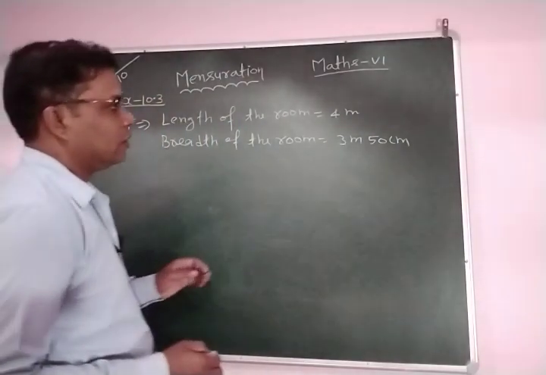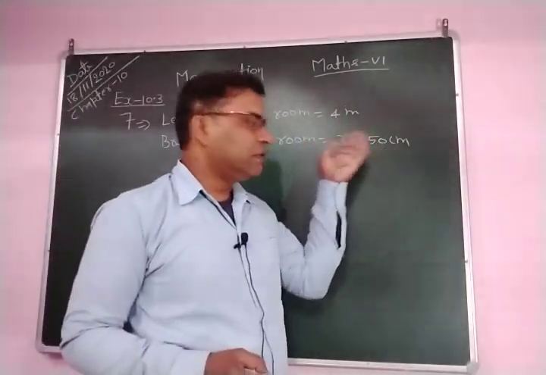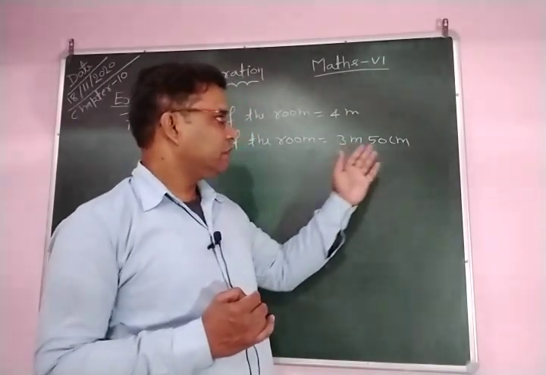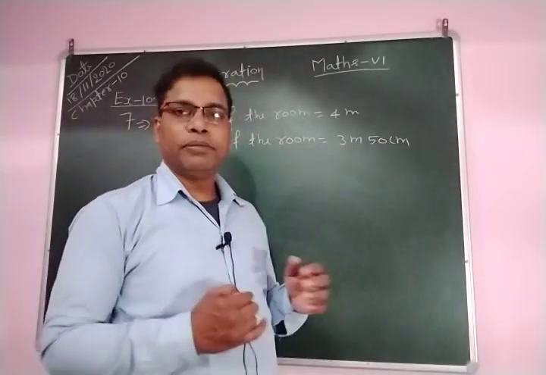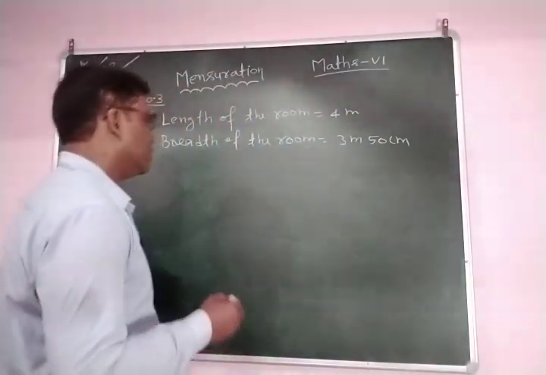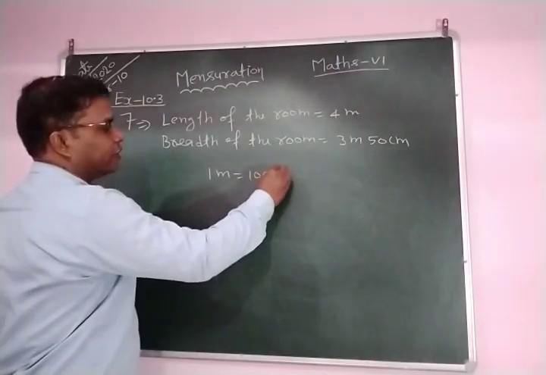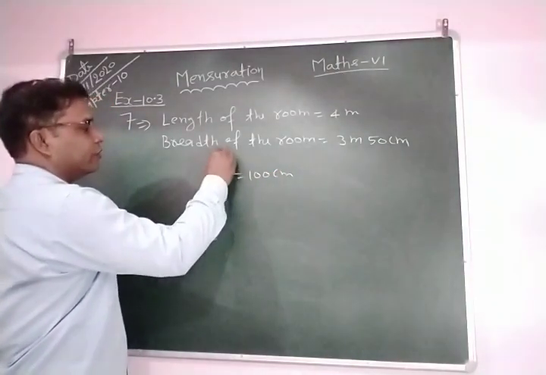So here we need to convert 50 centimeter in meters. Okay, so how do we convert 50 centimeter in meter? Because you know very well 1 meter is equal to what? 100 centimeter.